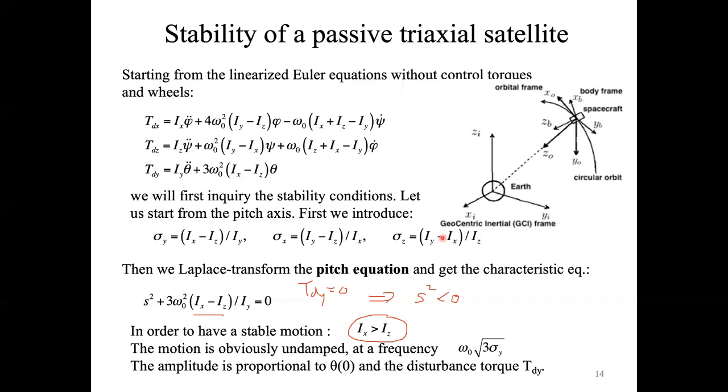This is something really well known, and also we can easily understand that here we don't have any damping coefficients, so we only have an oscillation pattern with a specific frequency that is related to the orbital frequency of the spacecraft, and also the parameter sigma y, since we have defined sigma y as Ix minus Iz divided by Iy.